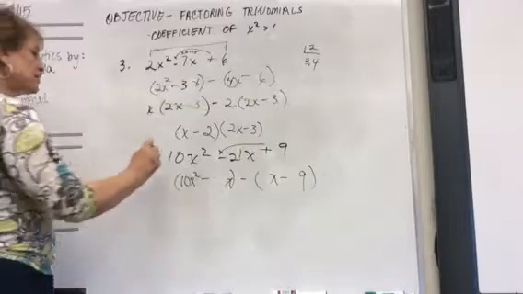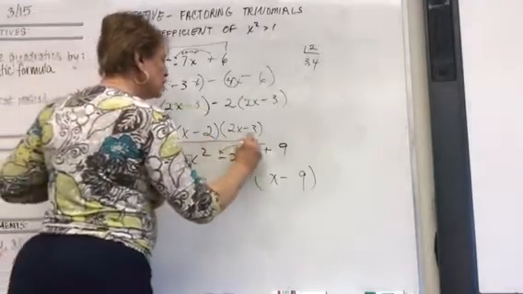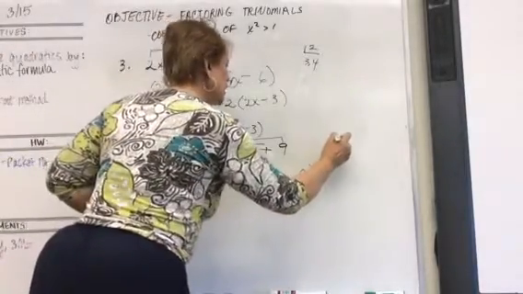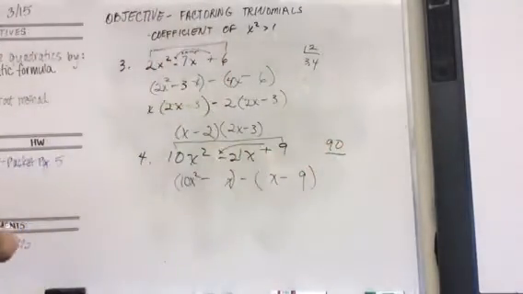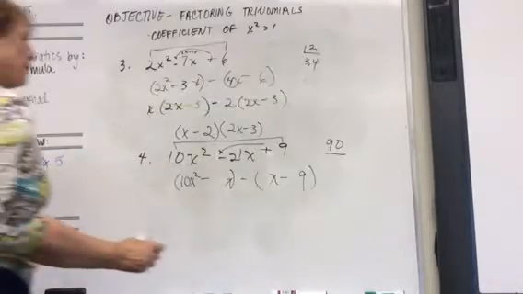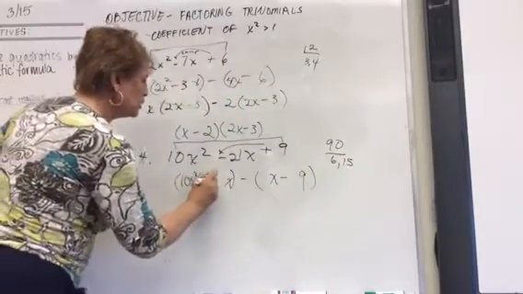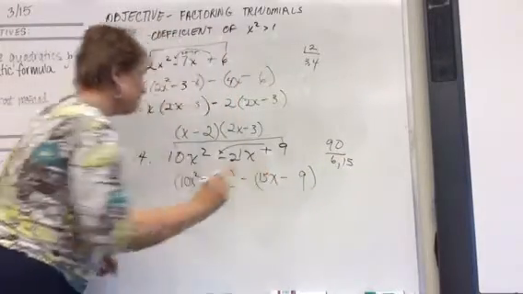Now, I ask myself, what factors of 10 times 9, which is 90, do I add and get 21? And it is going to be 6 and 15. So I'll put a 6 here, 15 here.